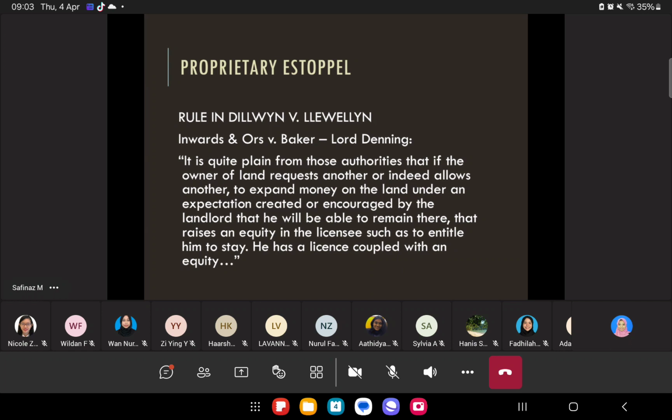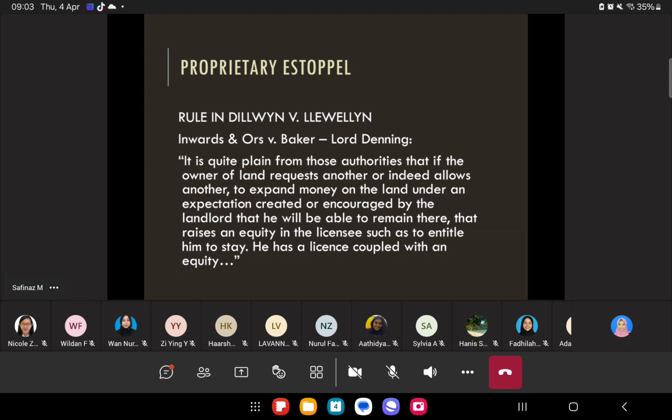But basically just to refresh your memory, kalau kita rujuk Lord Denning in Inwards and Baker, it is quite plain from those authorities that if the owner of the land requests another or indeed allows another to expend money on the land under an expectation created or encouraged by the landlord that he will be able to remain there, that raises an equity in the licensee such as to entitle him to stay. He has a license coupled with an equity.